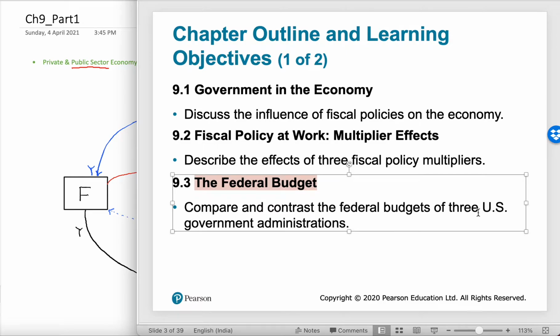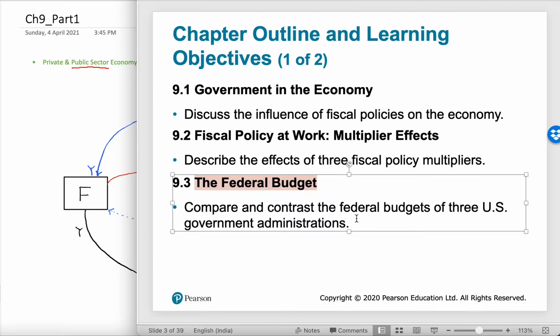The emphasis in the book is on the US economy in 3 different administrations, starting from Bill Clinton, then George W. Bush, and then Barack Obama's administration. It would have been nice if the book would also add Donald Trump, but we're not going to go to that detail. We just discuss the conceptual budget deficit policies.